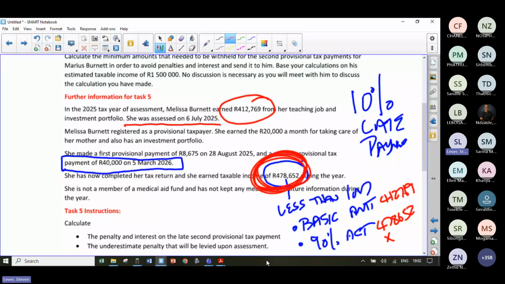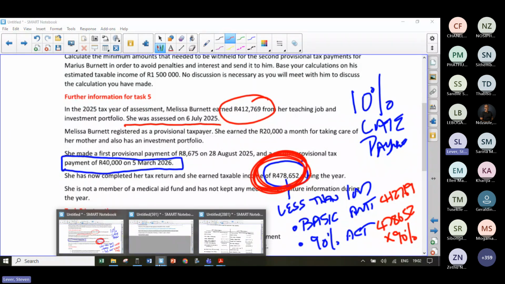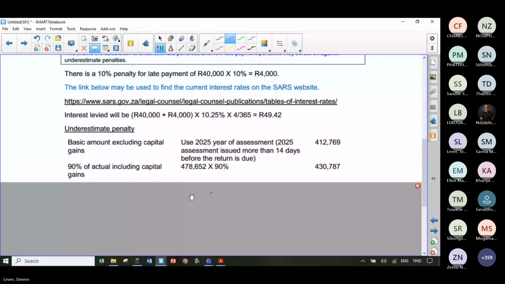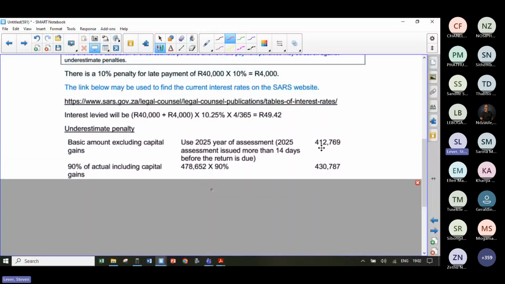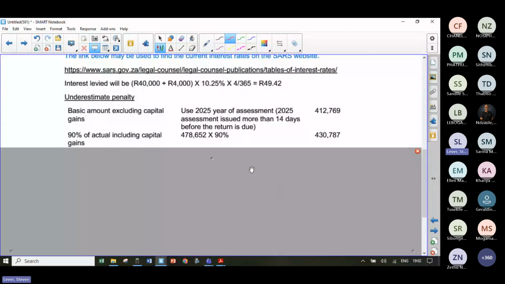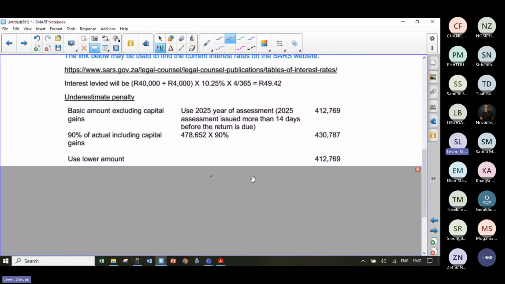But for purposes of penalties, I only needed to pay 90% of that. Okay, so have a look here at the solution. It says basic amount 412,769, 90% of actual 437.87. I can use the lower of the two, 412,769.